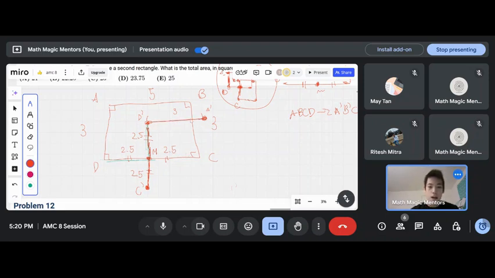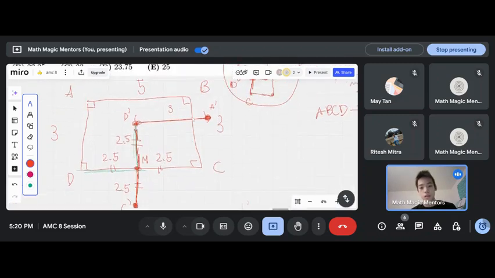and we know that A prime, D prime is parallel to CD, because we just rotated by 90 degrees. We know that A prime has to be outside of ABCD, and so it's going to look something like that.